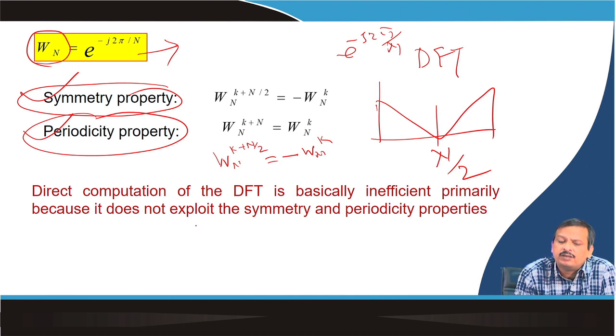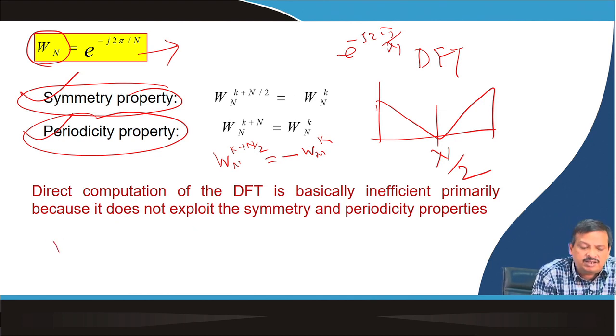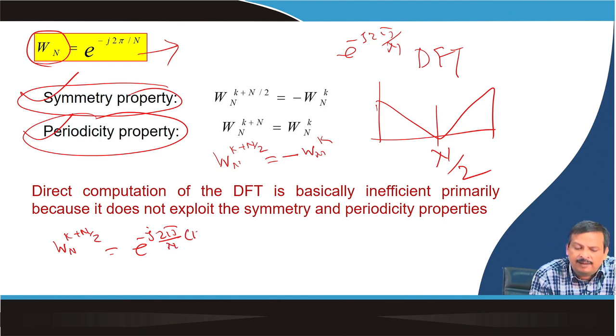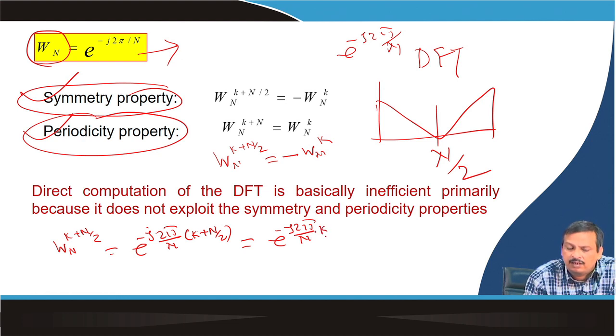We can prove it. What is Wn to the power k plus n by 2? It is nothing but e to the power minus j 2 pi by n into k plus n by 2. I can say it is nothing but e to the power minus j 2 pi by n into k, into e to the power minus j 2 pi by n into n by 2.